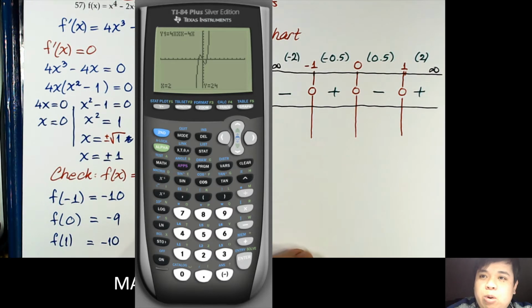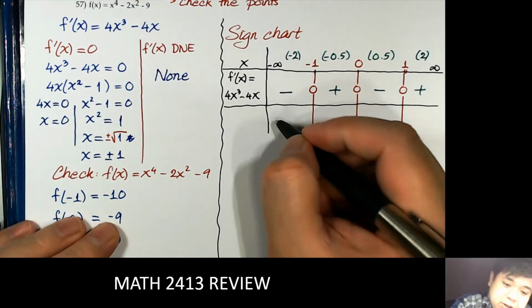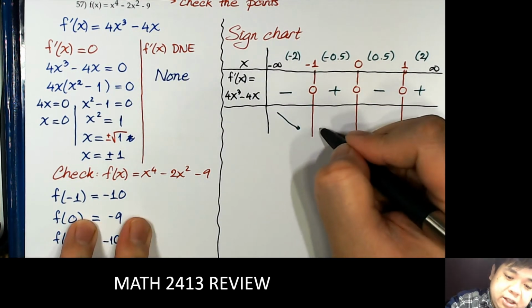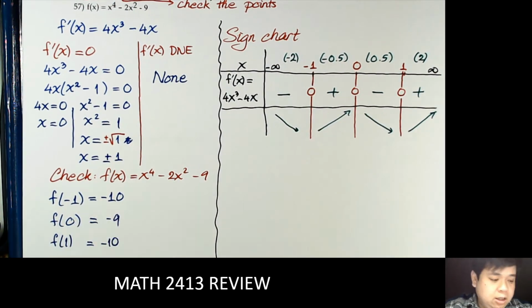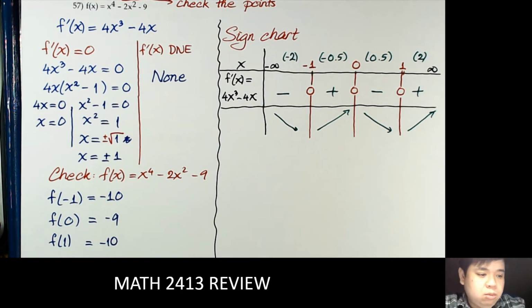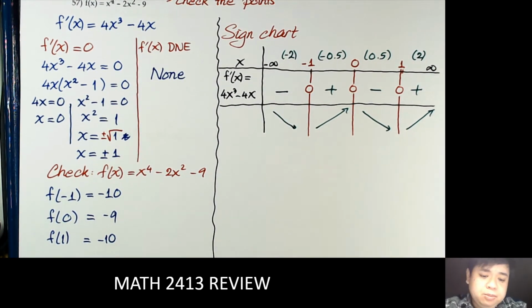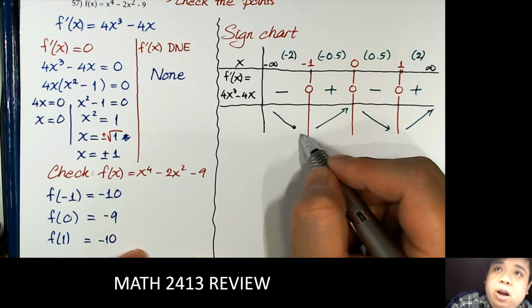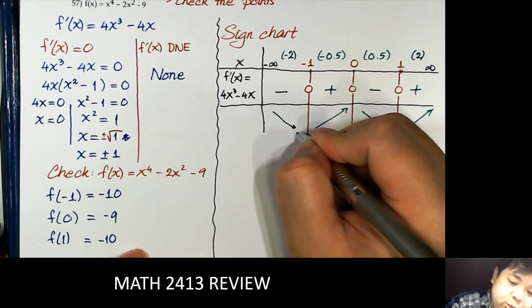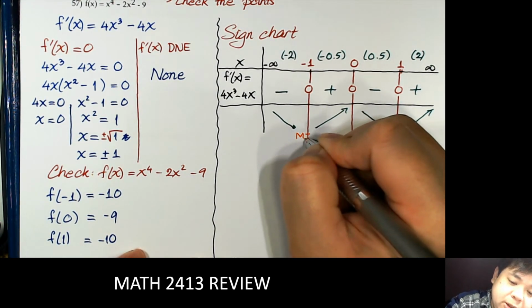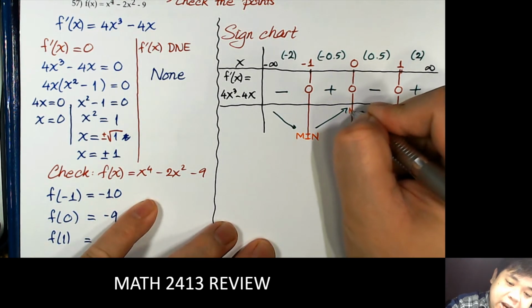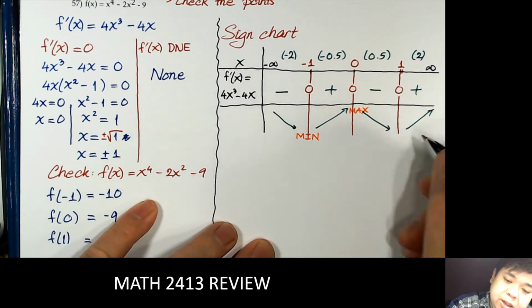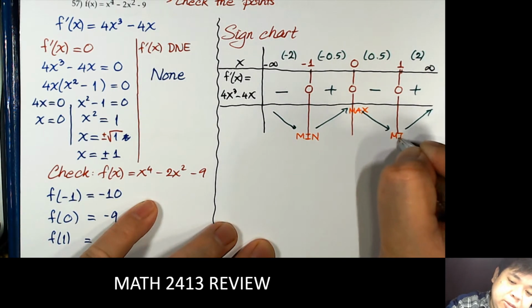Put the calculator away. Now, negative is decreasing, positive is increasing, so decreasing, increasing. If the function goes down and then up, that has to be a minimum, and if it goes up and then down, that has to be a maximum, and so this is the minimum.